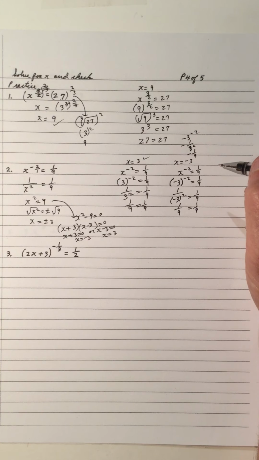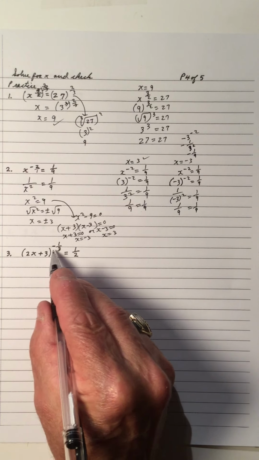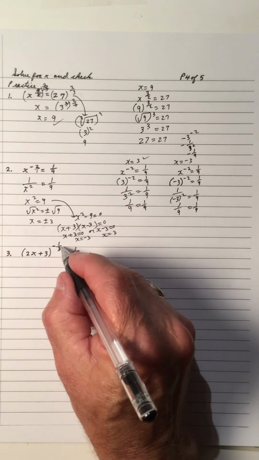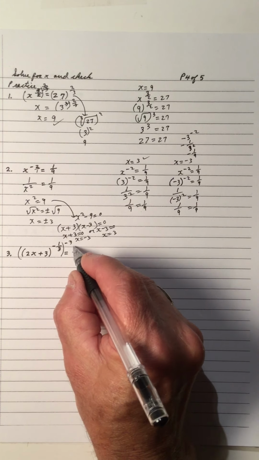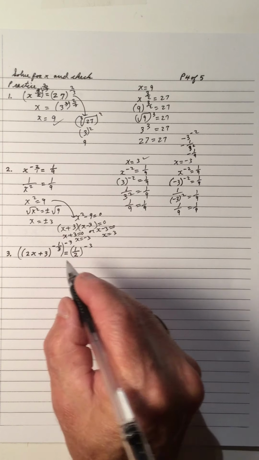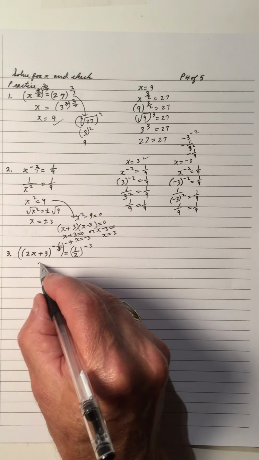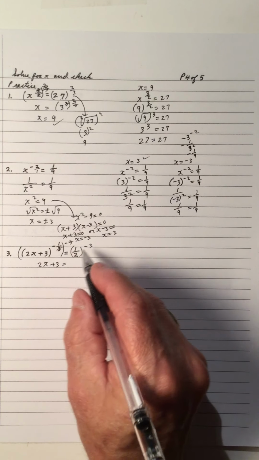Be careful. Number 3, we have the exponential already isolated. So the reciprocal power is negative 3: half to the negative 3. Negative times negative is positive, so the 3s cancel. It gives us 2x plus 3 to the 1 power.